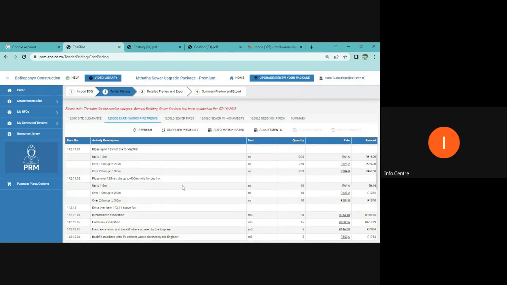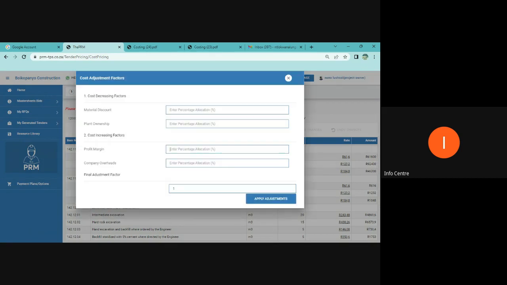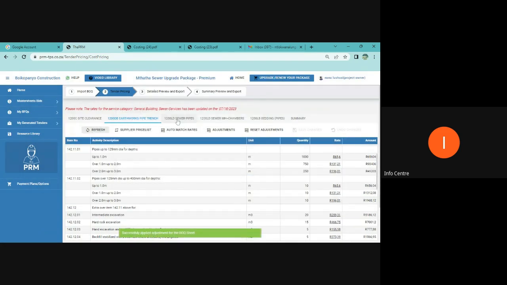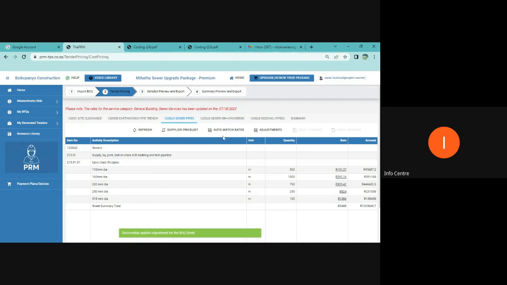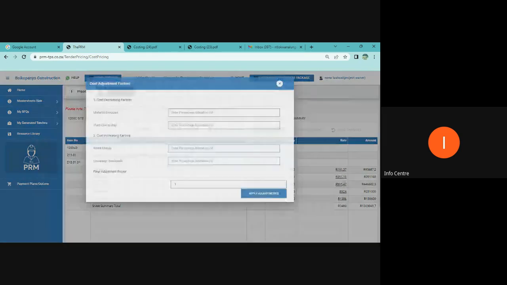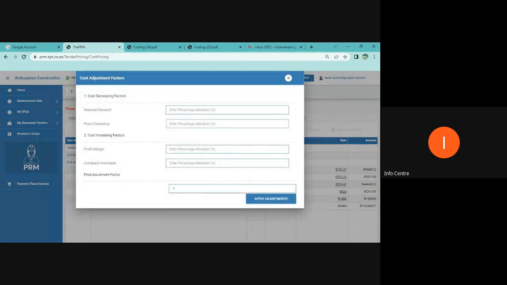I'll go to the next one. I'll go to adjustment. I'm going to say 5. I'm going to say 10. Then I apply. Then I refresh. Then I go to the next one. Then I go, sorry, not automate. I go to adjustment. I go 8. I go 12.